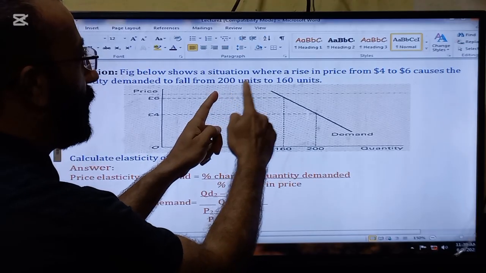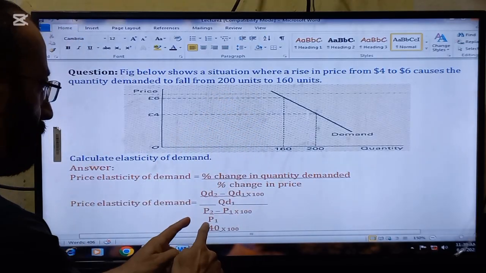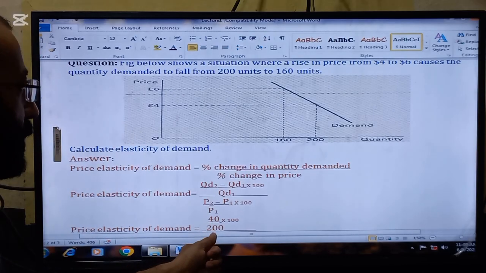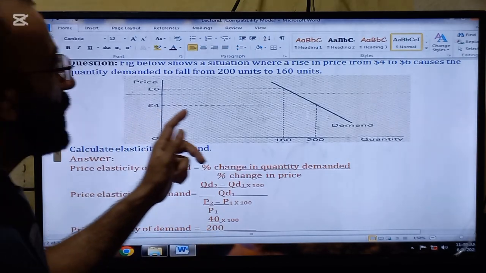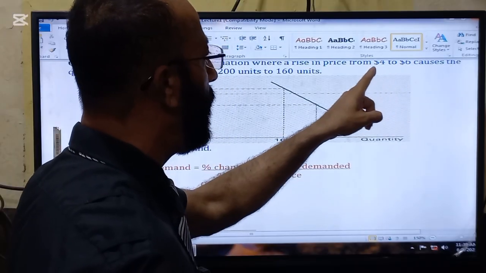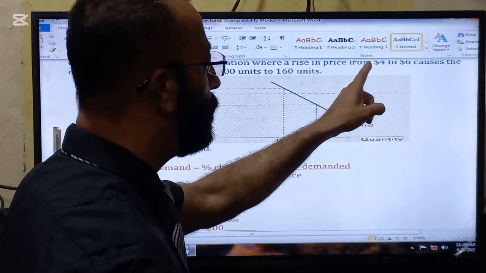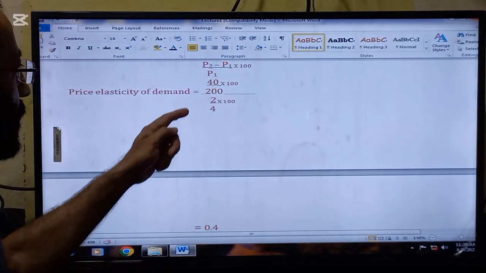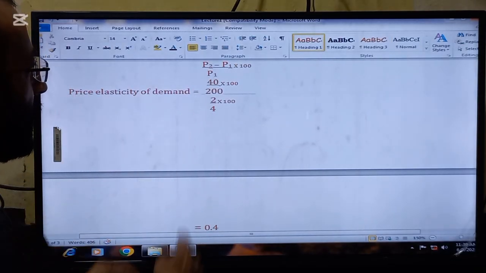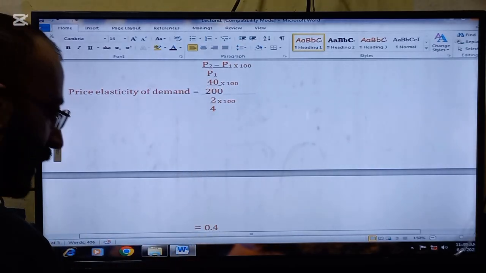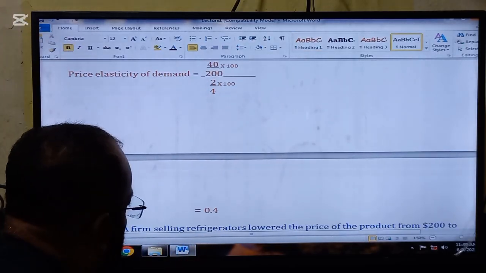Original is 200, so 40 over 200 will be placed in the numerator. And the price is changing from 4 to 6, so change in price is 2 and original is 4. So 2 over 4 will be placed in the denominator. The 100 will be cancelled. Now solve it mathematically. You will get the answer 0.4.